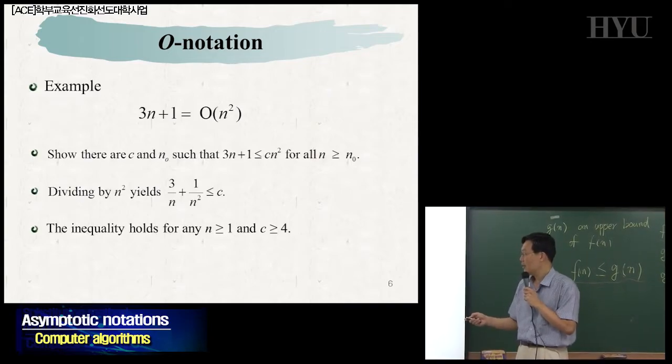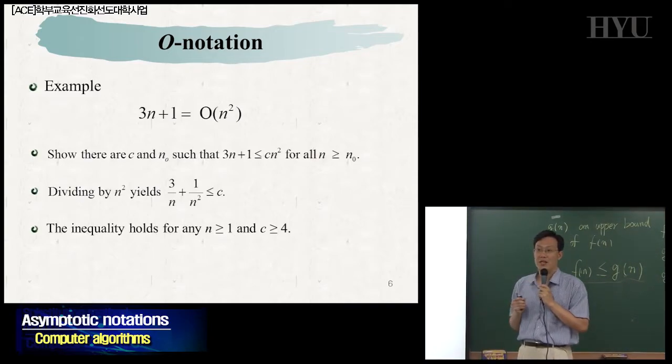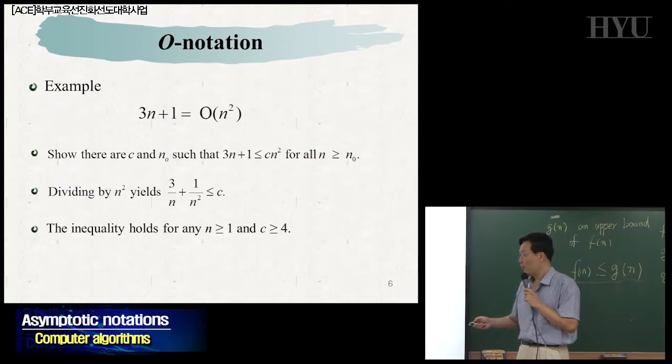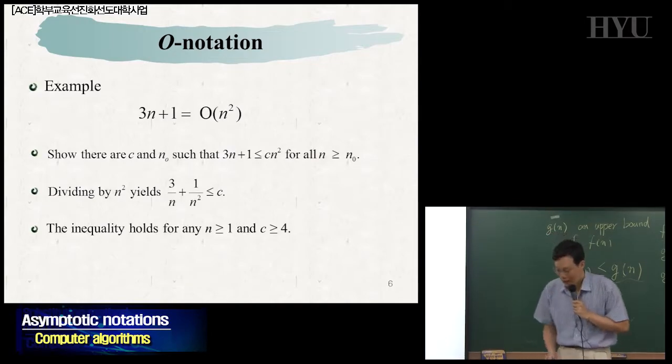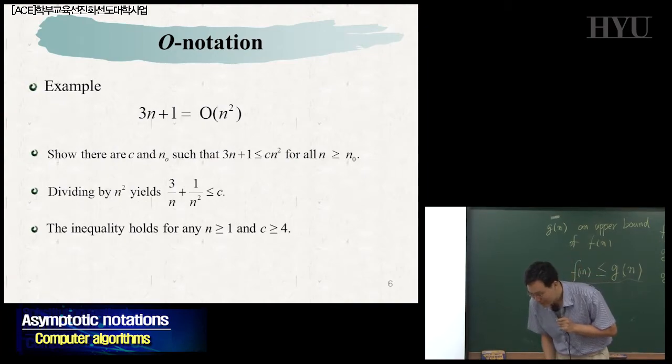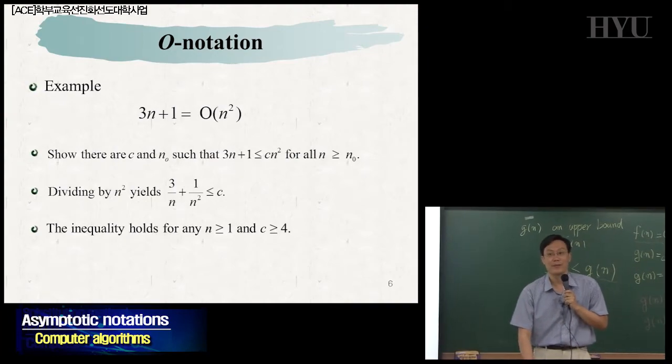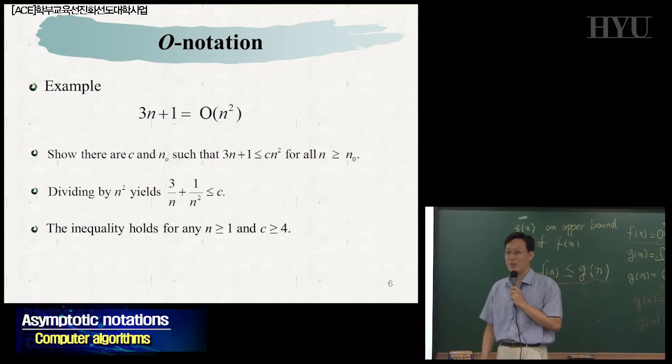Then a simple observation will find n0 and c like this. Why? 이희준, can you explain?